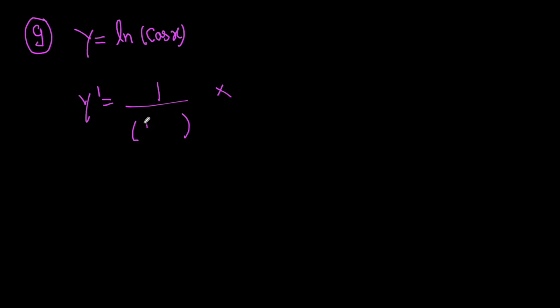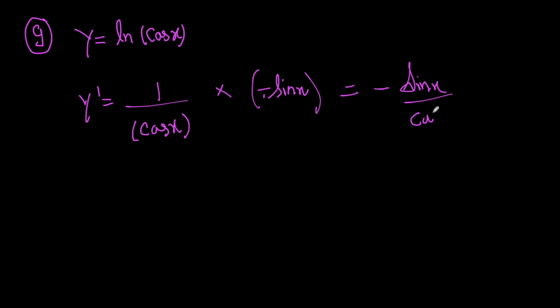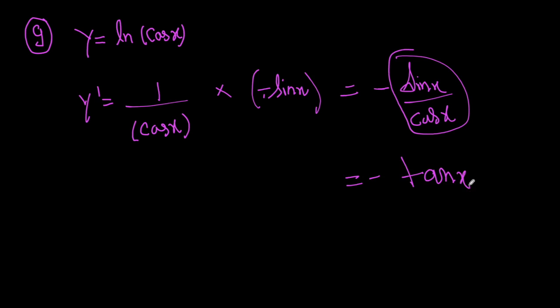First I write 1 over bracket, which is cos x, so 1 over cos x multiplied by the differentiation of cos x, which is minus sin x. This becomes minus sin x over cos x, and using trigonometry, this is equal to tan x. So your answer is minus tan x.